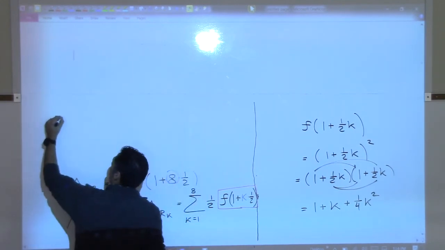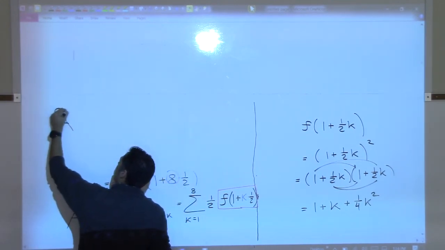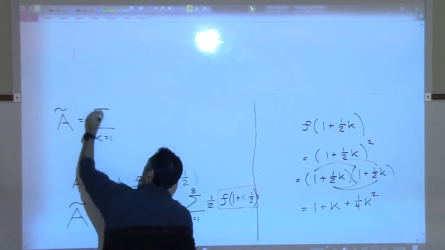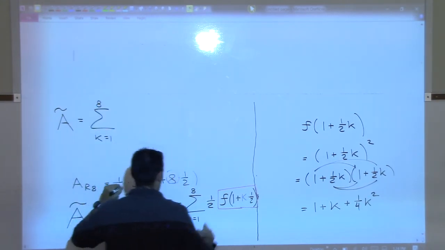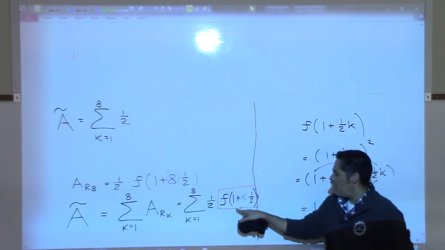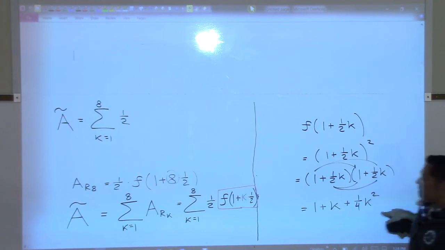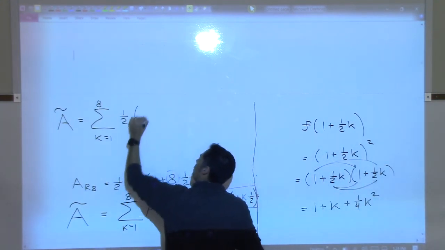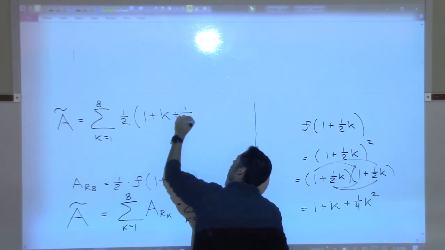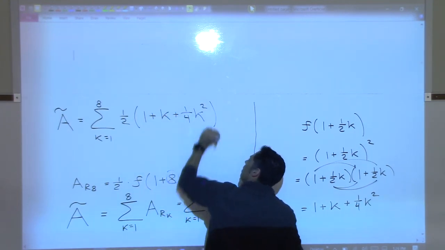The approximate area, which I'm calling A tilde, is equal to the sum, k equals 1 to 8, of the 1/2 we have in front here, right? That 1/2. And then times this. So in parentheses, 1 plus k plus 1/4 k squared.